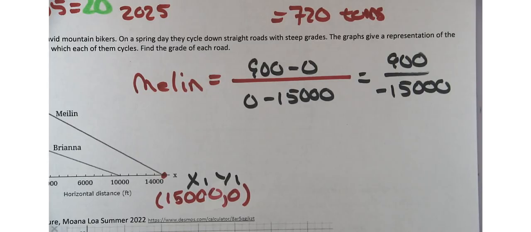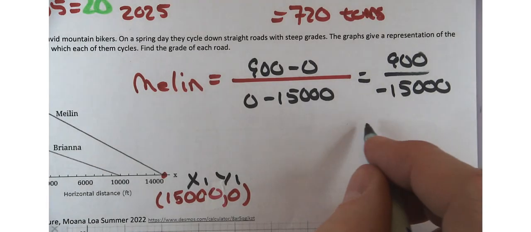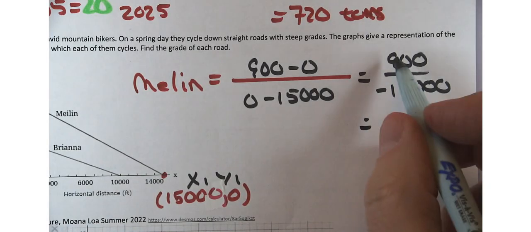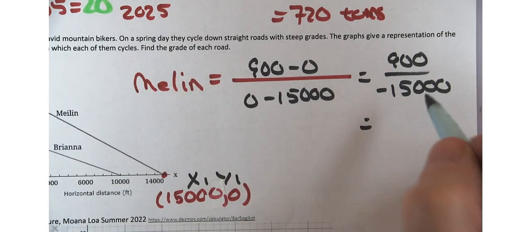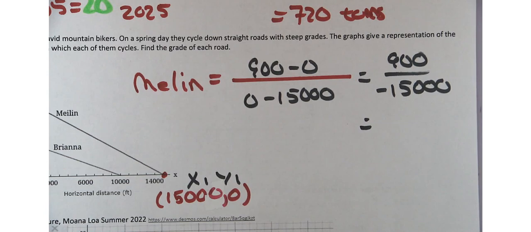So you can simplify that a little bit. We can cancel out these zeros. You end up with 9 over negative 150, and that's going to be negative 0.06.